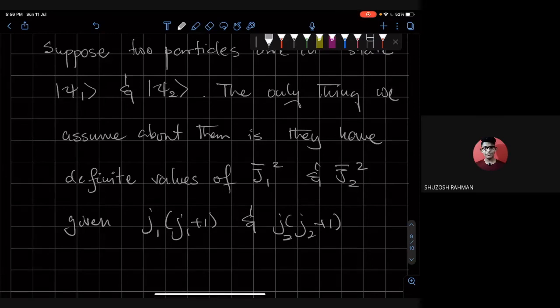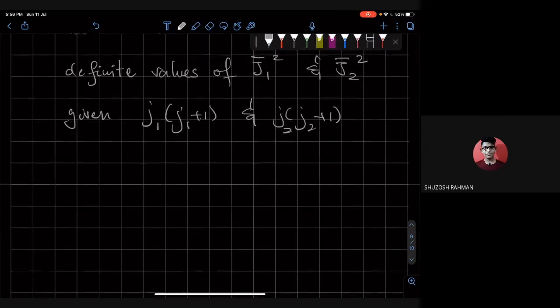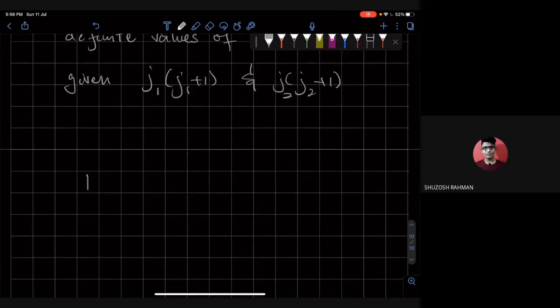So what we are saying is that our system, which is in state psi 1, has angular momentum value J1, and system 2, which is in state psi 2, has angular momentum J2. So these two are fixed.